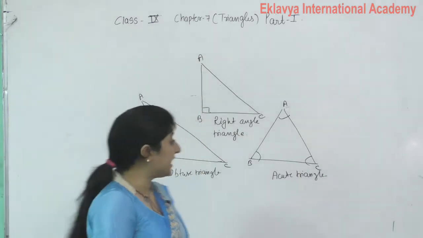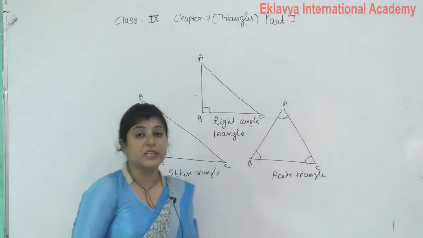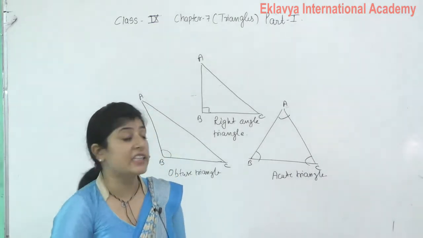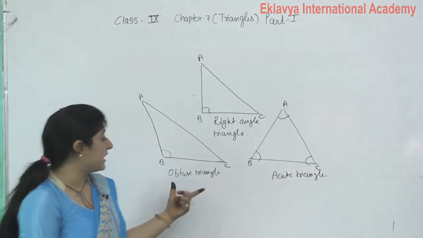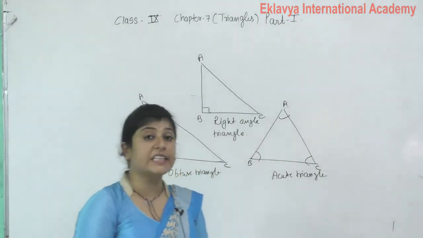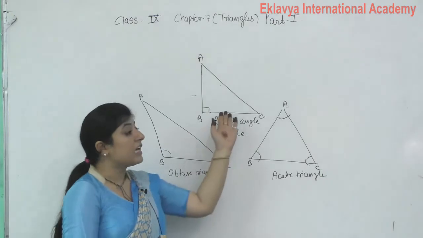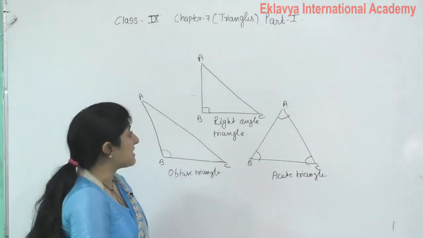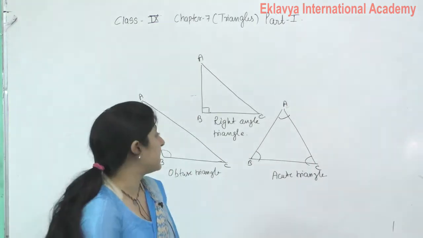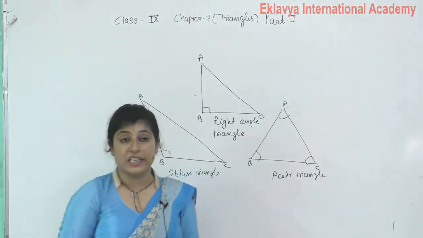So there are 3 types of triangle according to the angle. If all the angles are less than 90 degree, then it is an acute angle triangle. If one of the angles is more than 90 degree, then it is an obtuse triangle. If one of the angles is 90 degree, then it is called a right angle triangle.